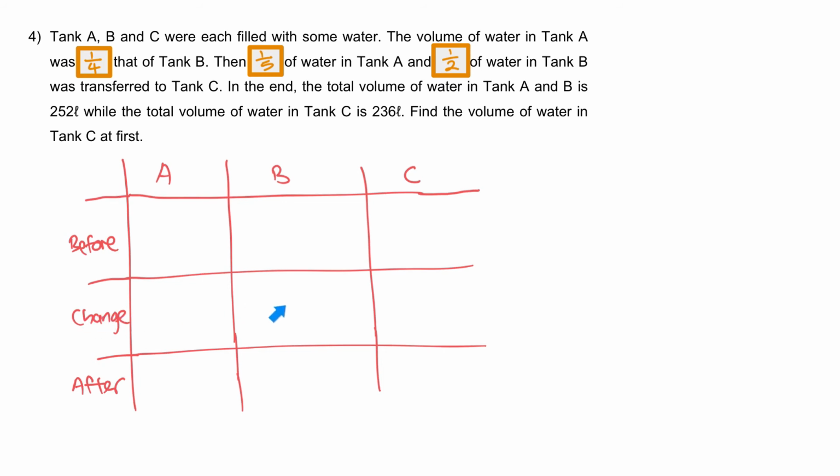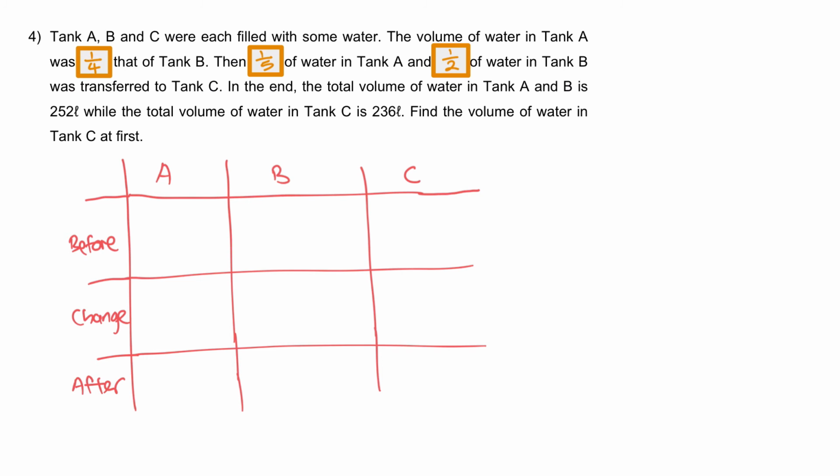Most of the time I wouldn't need a change row, because I'm only interested in the before value and the after value. But for this particular question, the change value is important, so I'm going to introduce this change row.